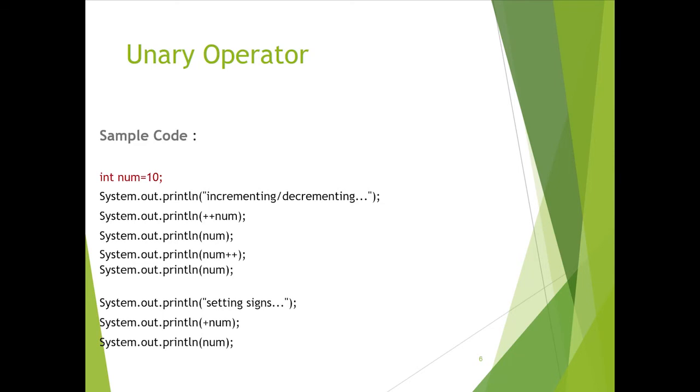So, pre-increment means once you implement the increment, the changes on the value will immediately reflect. For example, dito, this is pre-increment. So, plus plus sa harap. Ibig sabihin, if the value is going to be shown, it's going to be immediately 11.